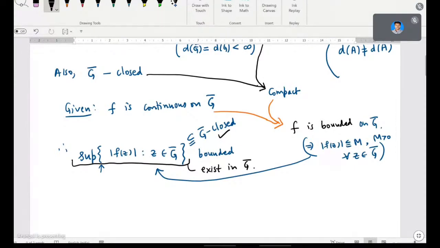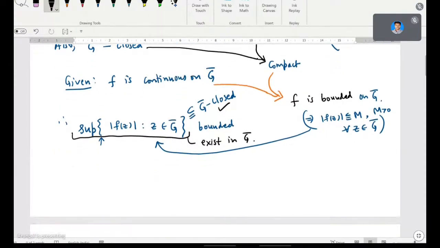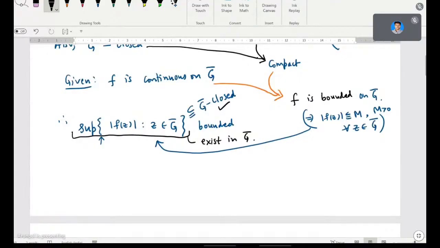Roughly speaking, the supremum behaves like a limit point, and because G bar is closed, you can imagine that it can't go beyond G bar. So this supremum is attained in G bar.